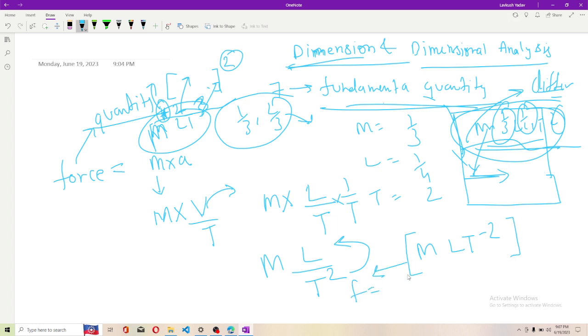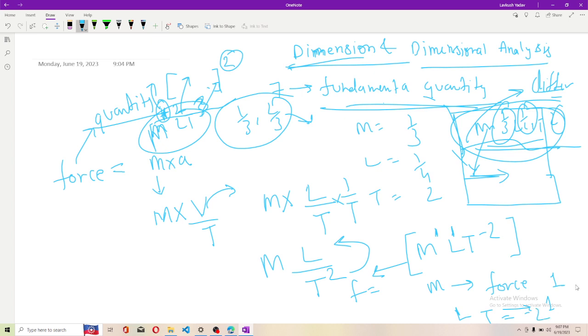Now this becomes the dimensional formula of force. Why? Because we see the power of M is 1, power of L is 1, T is minus 2. Now if someone asks what is the dimension of M in the force dimensional formula, that is 1. What is the dimension of L? That is also 1. What is the dimension of T?